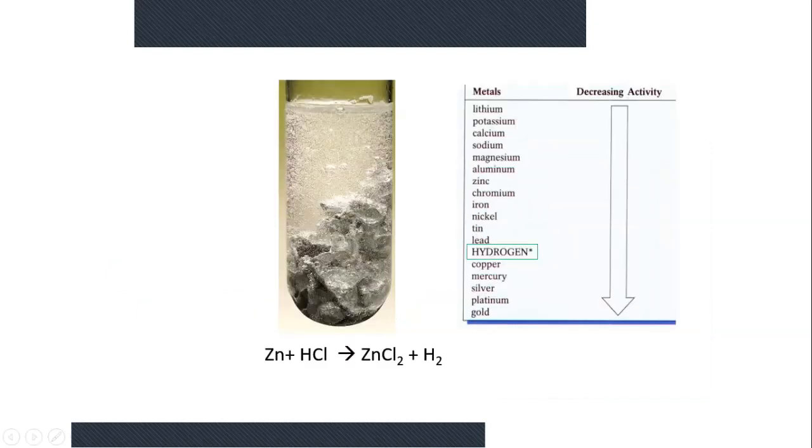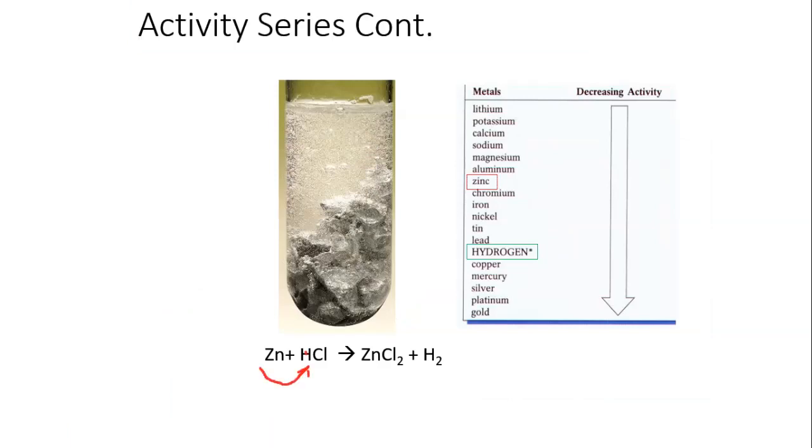Now if we take zinc and HCl, again, zinc is more active than hydrogen, so zinc will displace the hydrogen, and we produce hydrogen gas, which is denoted by the bubbling in the test tube.